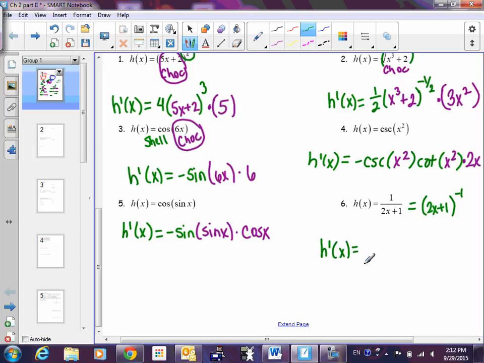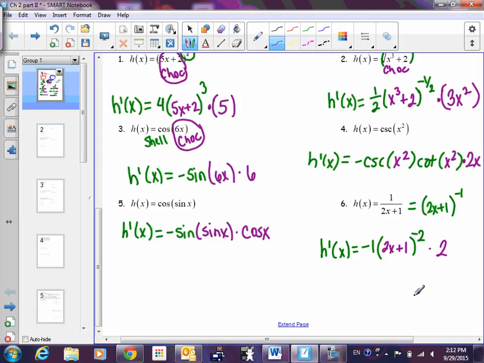So h prime of x, same as the other ones. Here, this is very similar to problem number 1. Dissolve the shell or derive the power first. So that would go negative 1 and the new power would be -2. The inside stays the same initially, and then we go times the derivative of the outside.